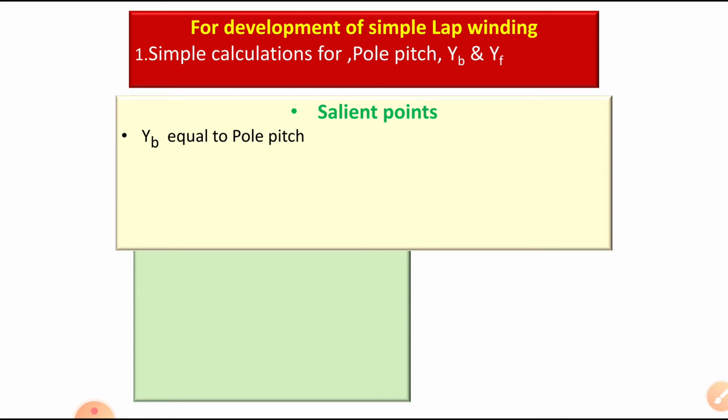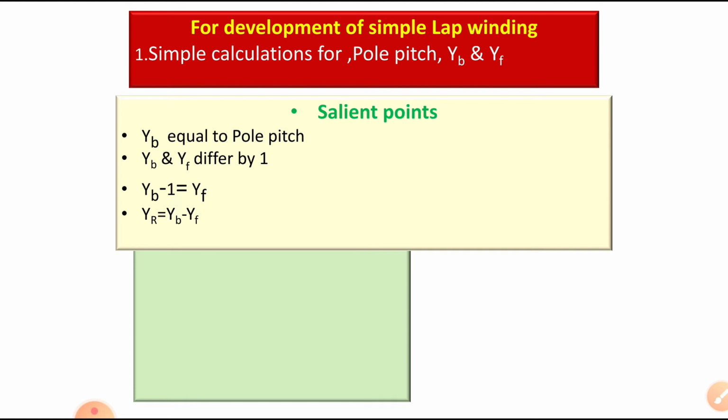Back pitch is equal to the pole pitch in this case, and back pitch and front pitch differ by 1, so YB is equal to YF plus 1, or we can write back pitch minus 1 is equal to front pitch. And the resultant pitch is equal to back pitch minus front pitch, which is the distance between two consecutive coil startings.